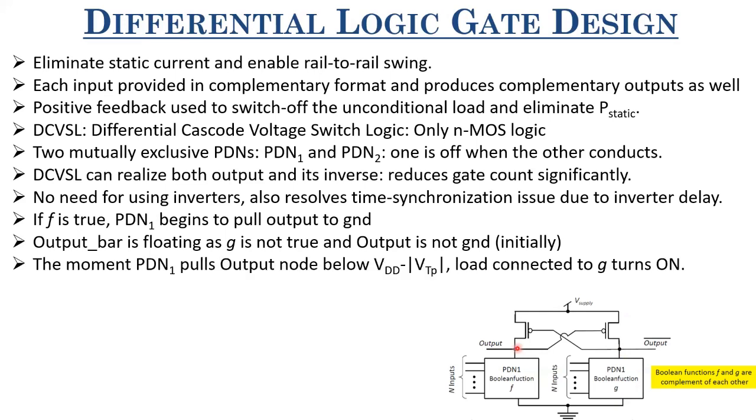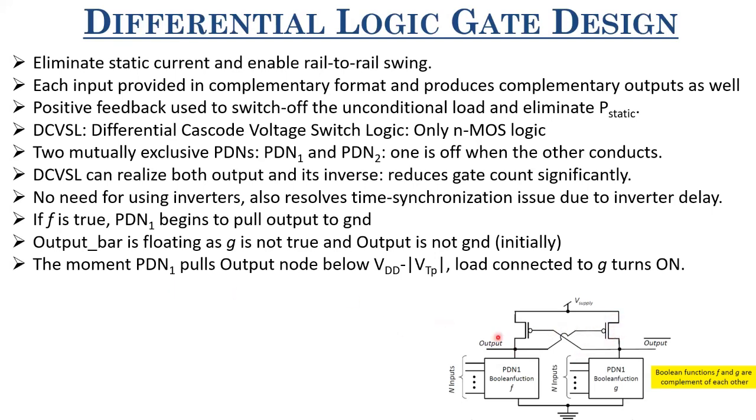Now what happens, the moment this PDN1, that is this F, pulls this output node below VDD minus mod of VTP, that is, from VDD, the moment the voltage reduces to VDD minus mod of VTP, this transistor turns on, right?